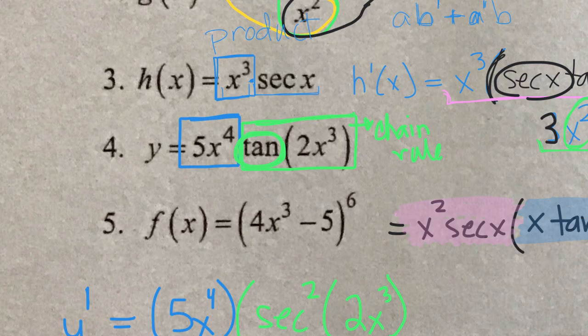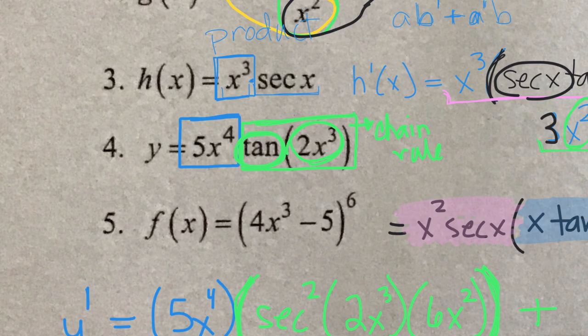That's the argument of our trig function, 2x cubed. Okay? So now that we've taken the derivative of tan, we have to take the derivative of 2x cubed, which is 6x squared. So that's the whole entire thing. That is the derivative of tan 2x cubed. All right, all three of those things.